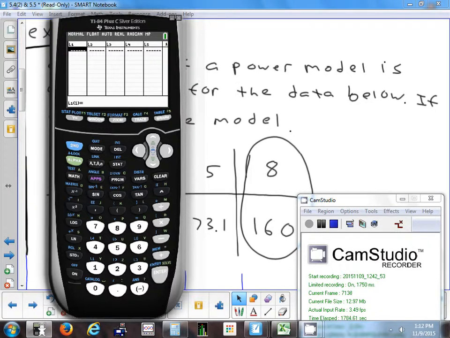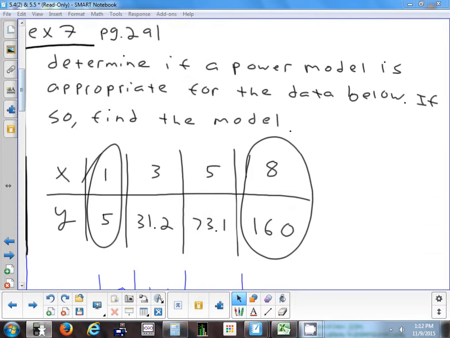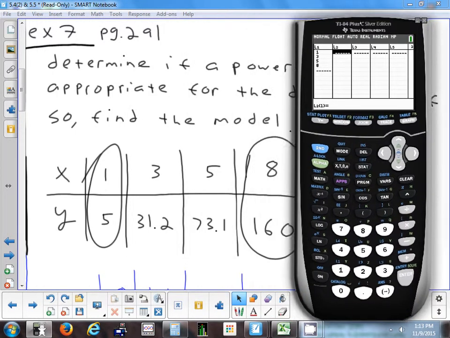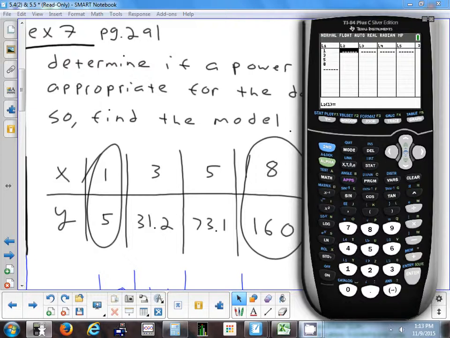Some of you might from the last class. But basically what you do is put your x's in L1. So we got 1, 3, 5, and 8. You don't have to put the x's in L1, but this is the easiest way to do it. And then put your y values in L2. So we're using L1 and L2.